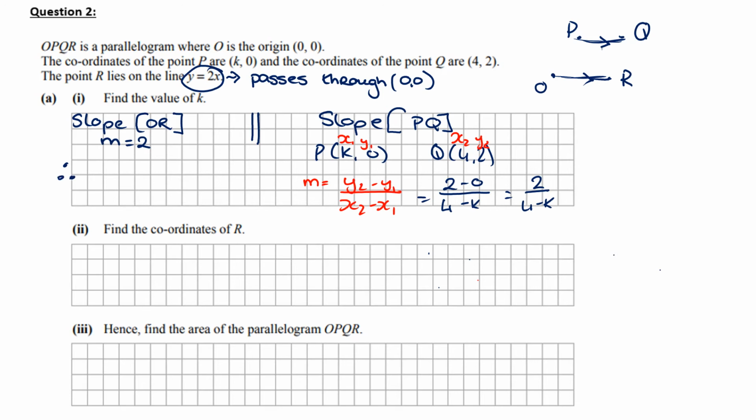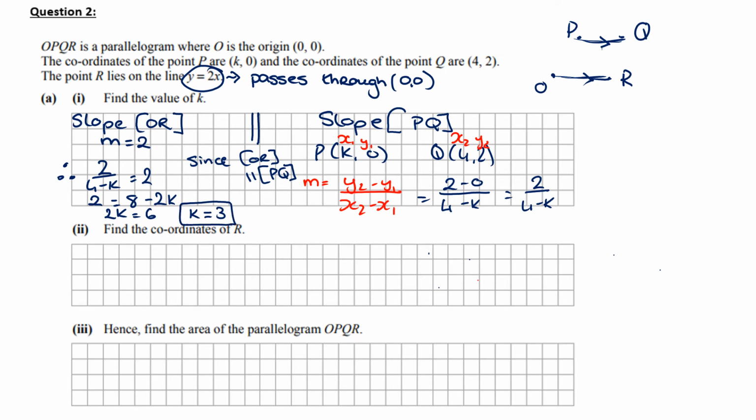Therefore, 2 over 4 minus k must equal 2, since OR is parallel to PQ. Rearranging this, we end up with 2 is equal to 8 minus 2k. 2k equals 6, k equals 3.